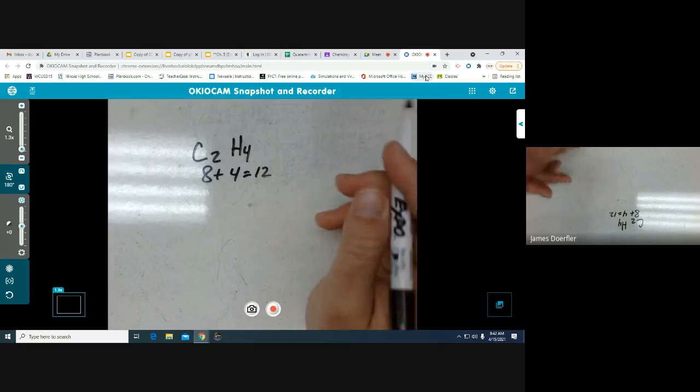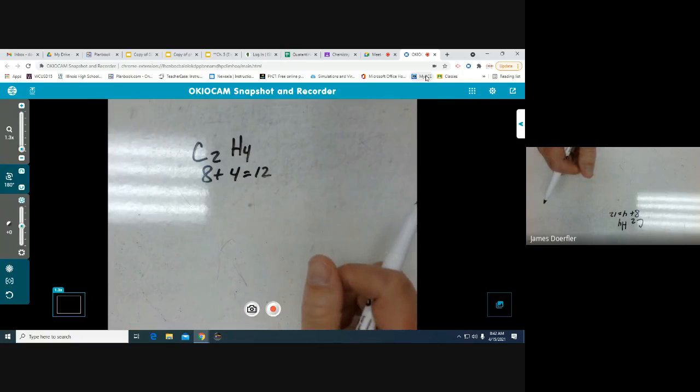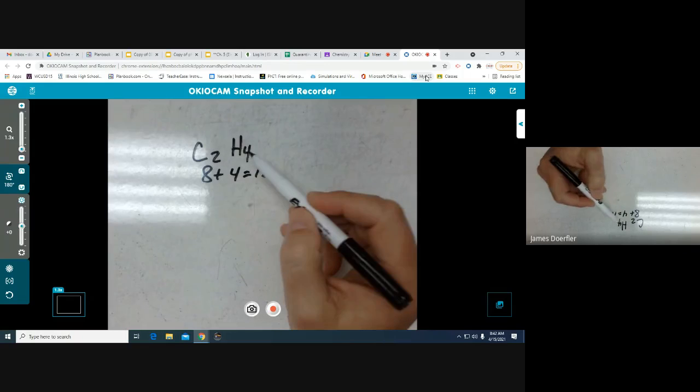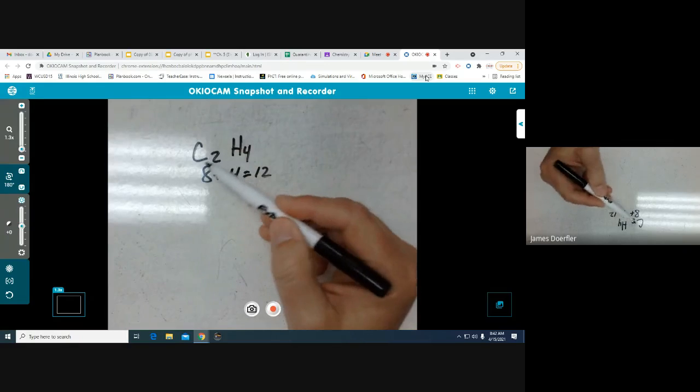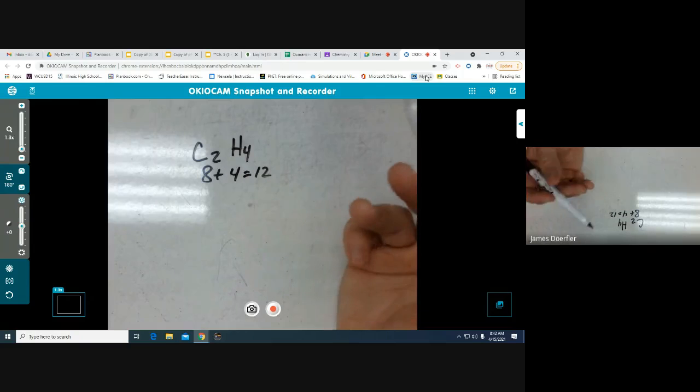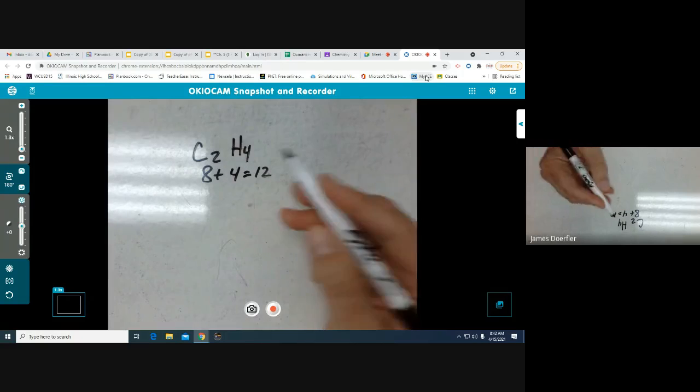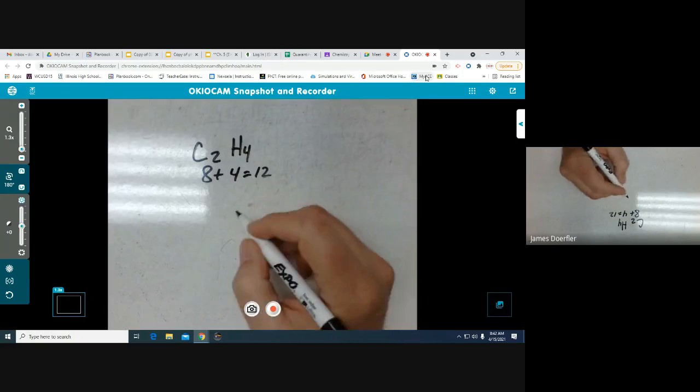All right, so now we've got to find the Lewis structure. Now here we have kind of an interesting situation. We only have carbon and hydrogen, and we know that hydrogen can't be the central atom, but we have 2 carbons present, which are obviously the same element. So here's how we do this one.